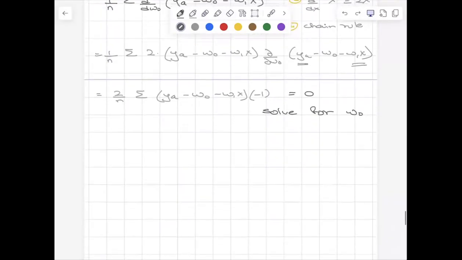Okay. And now we just have a little bit of algebra. So let's see the summation of these guys, right? So let's see, what can I do? I'm going to kind of ignore the 2 and the -1 because I'm setting it equal to 0. So they just cancel out. I'm not removing the n though, because that's going to be very useful.